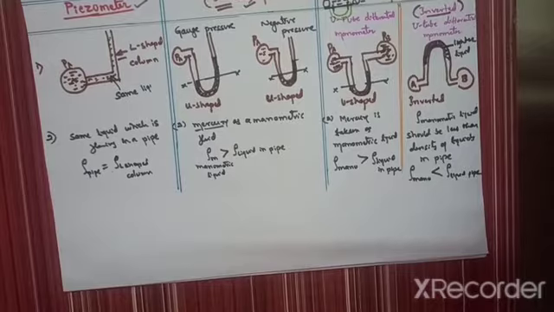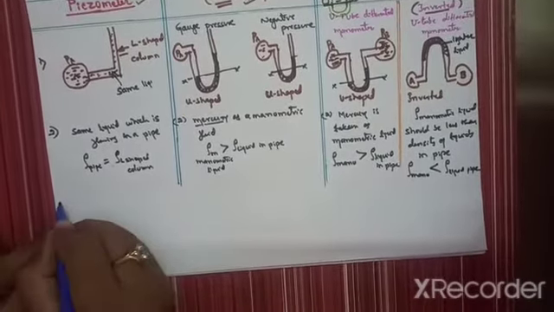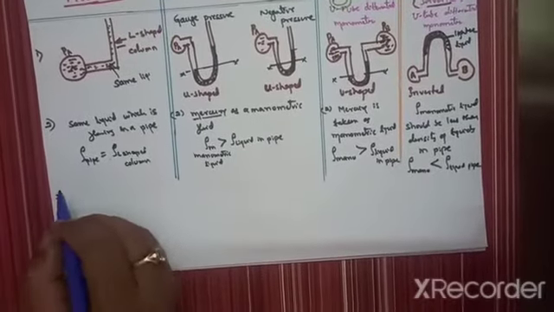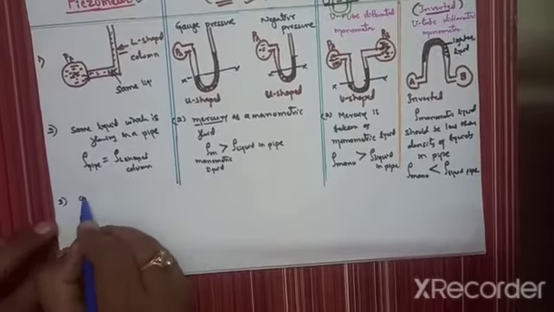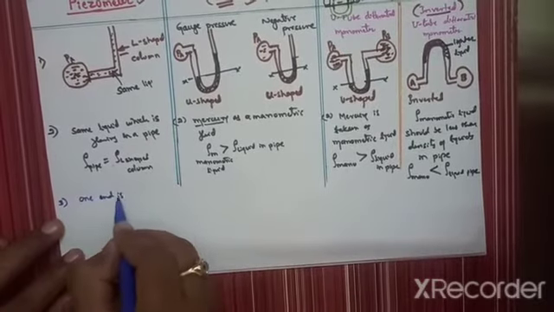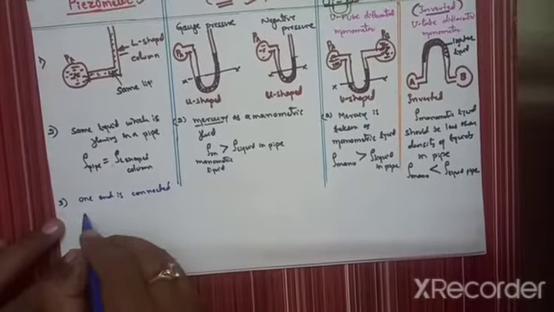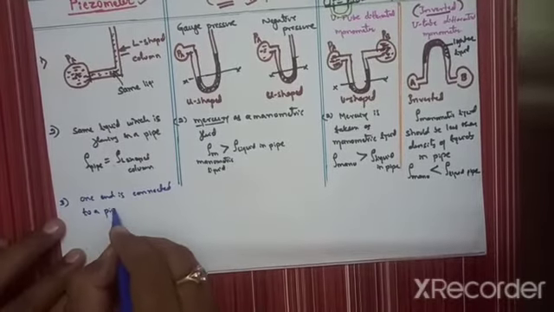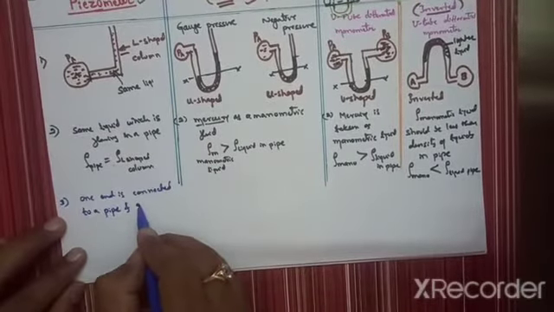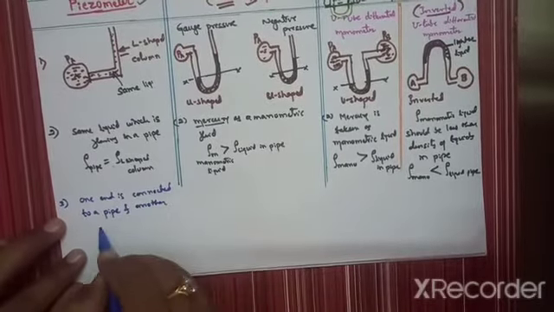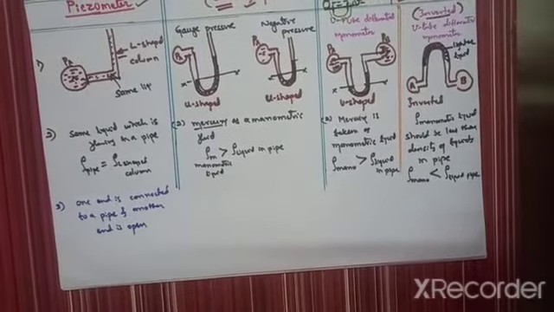Okay, the third point of difference. One end is connected to the pipe where you are going to measure the pressure. Another end is open to the atmosphere.